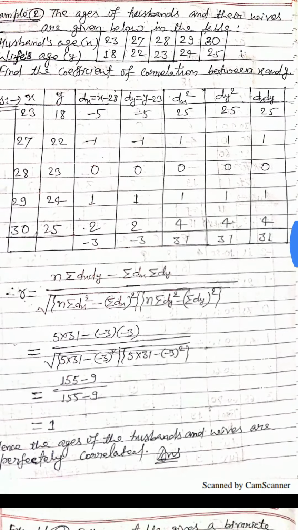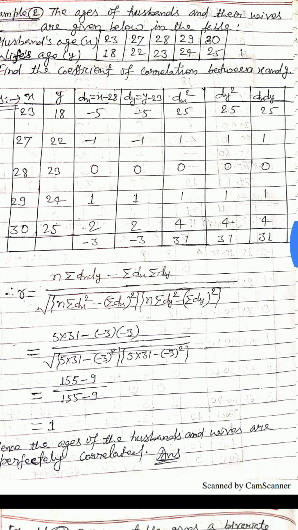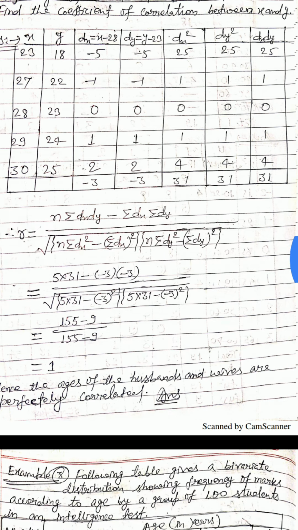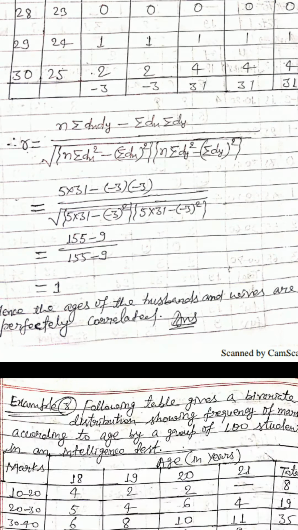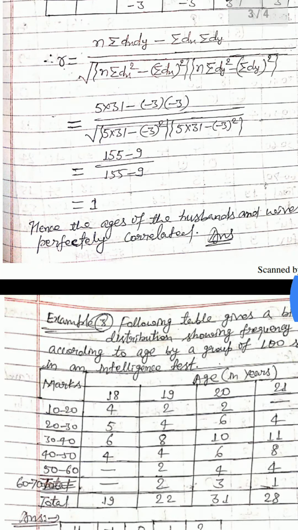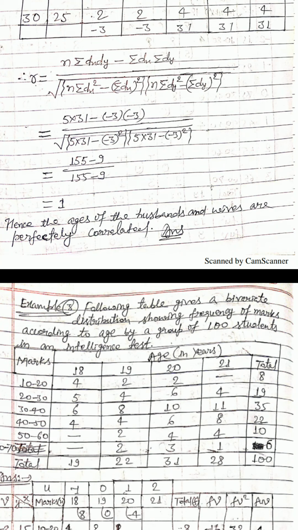From all the values of the table we substitute into this formula and find the value of small r. For this question, small r is 1. Hence the ages of the husband and the wife are perfectly correlated, because the coefficient of correlation is exactly 1.